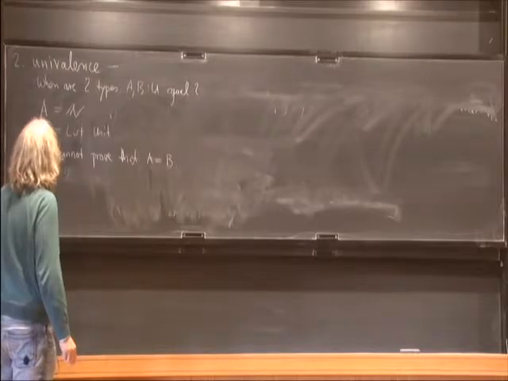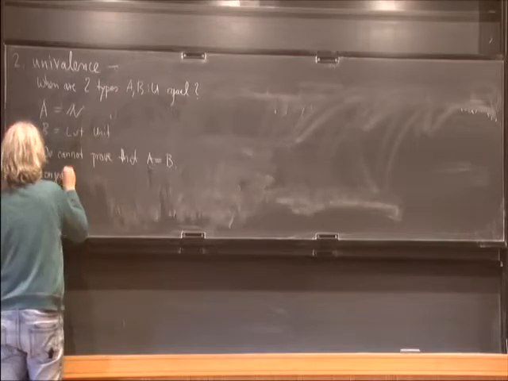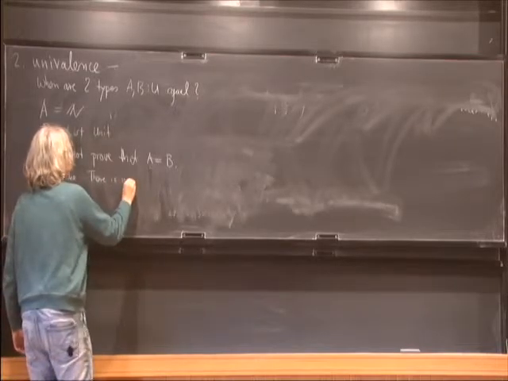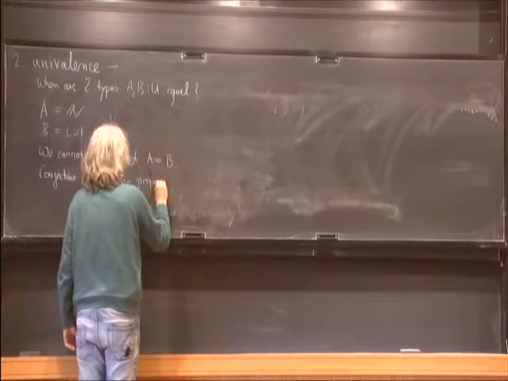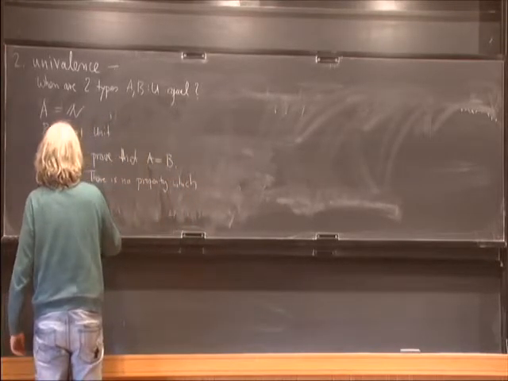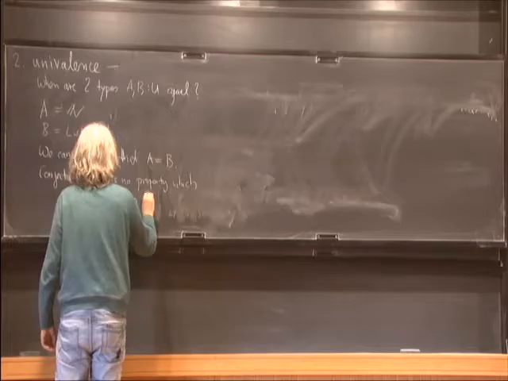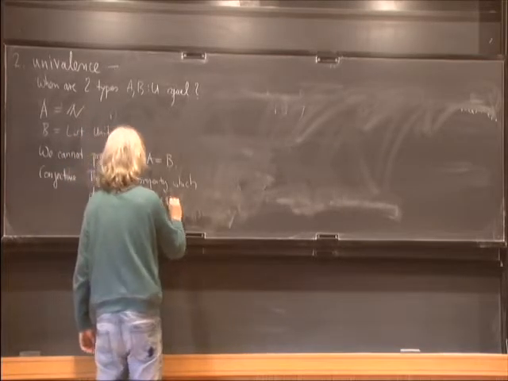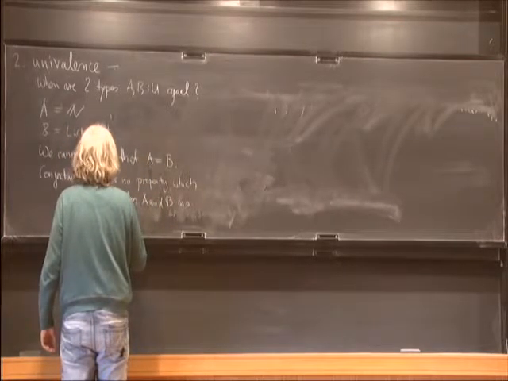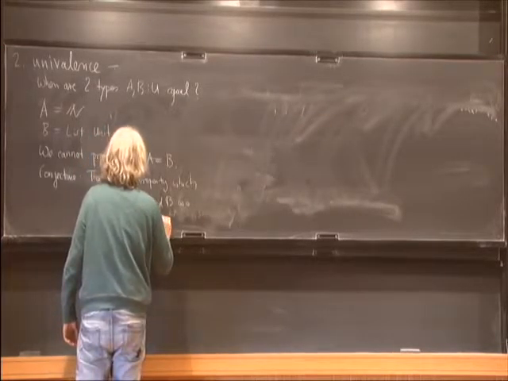I think it can be done using the groupoid model, but I just say, like, conjecture: there is no property which distinguishes A and B without using propositional equality, or I mean intensional equality.